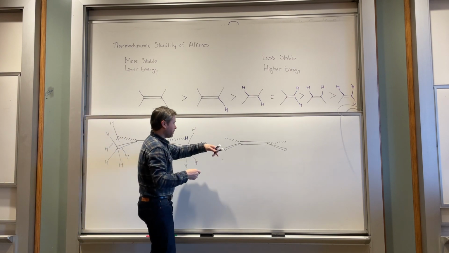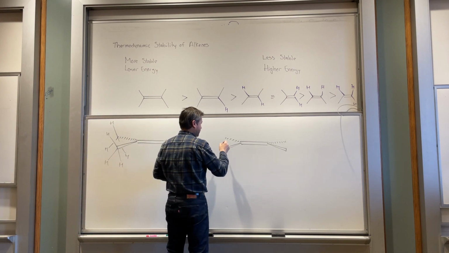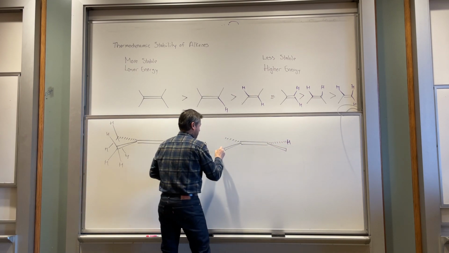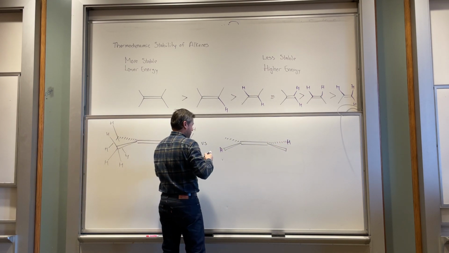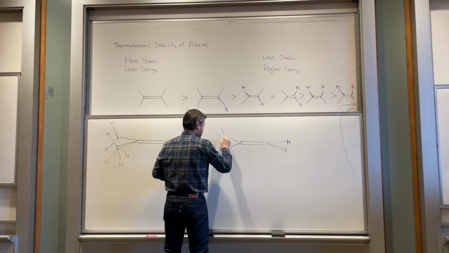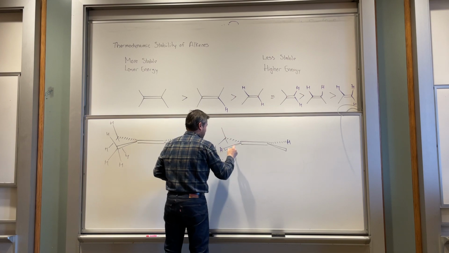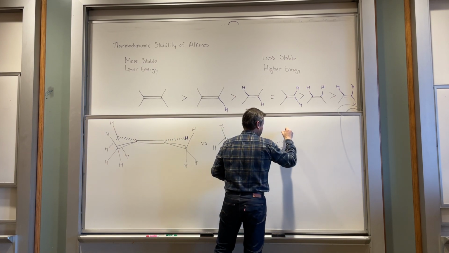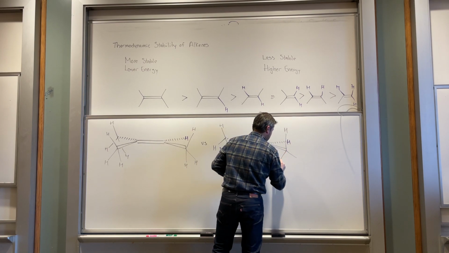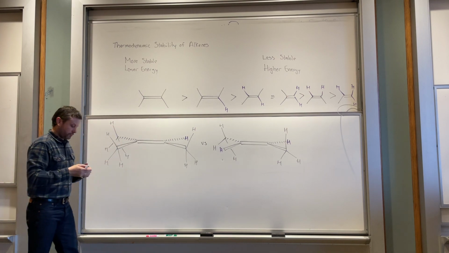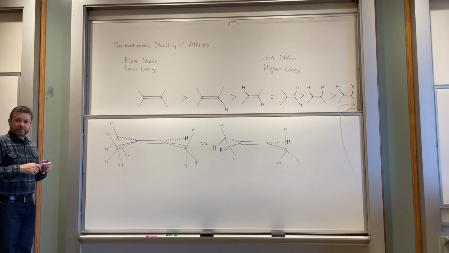And then we'll make this one into a trans disubstituted alkene. And then let's draw some orbitals in there.